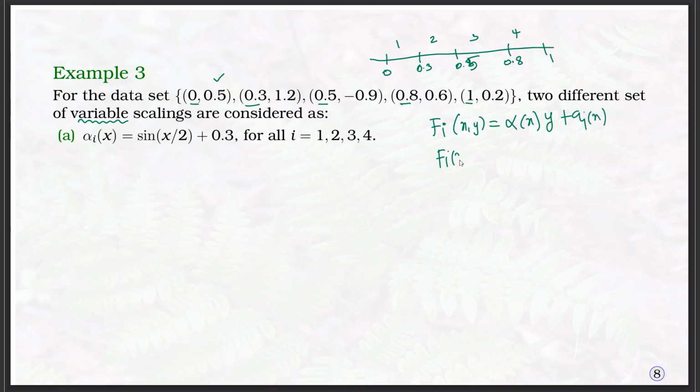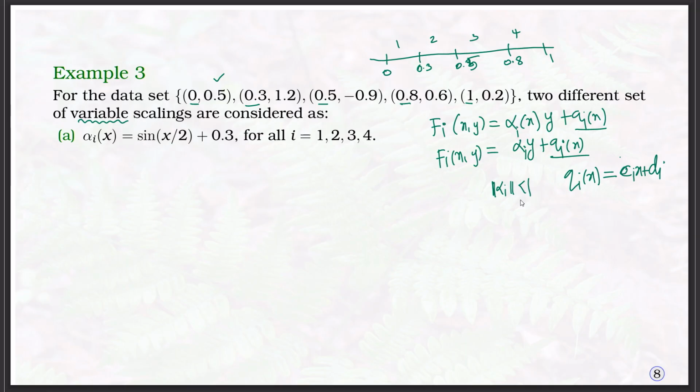In the constant scaling factor, F_i of y equals alpha y plus q_i(x), where here q_i we are going to consider as a linear function of the form c_i x plus d_i. Now while choosing this vertical scaling factor alpha_i, it should satisfy the condition that the maximum norm of alpha_i must be less than 1.